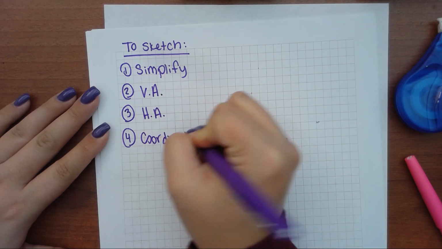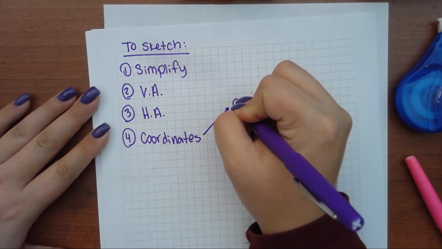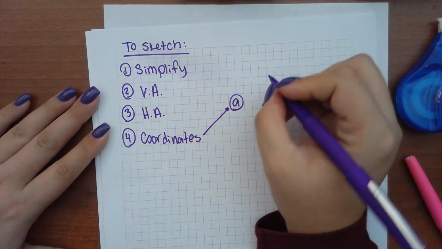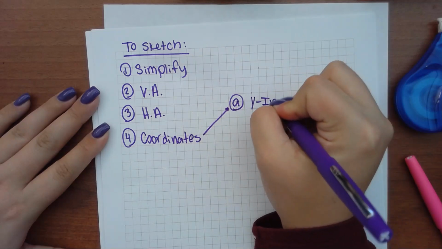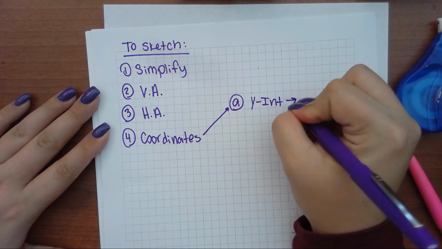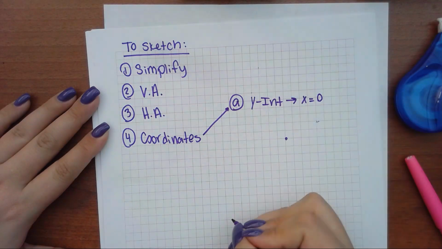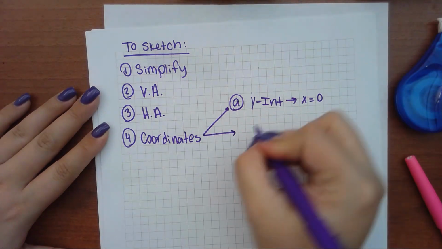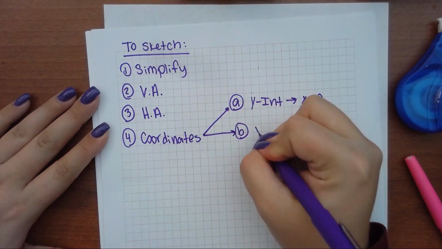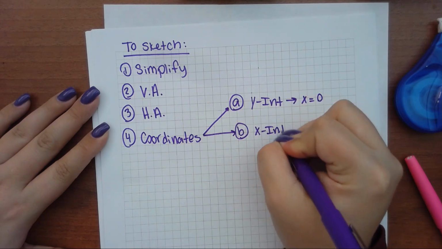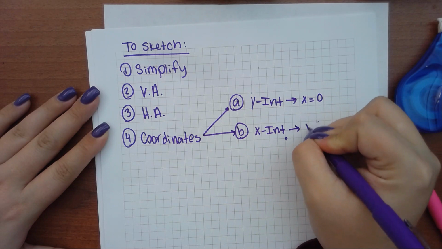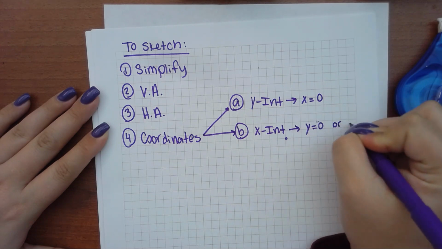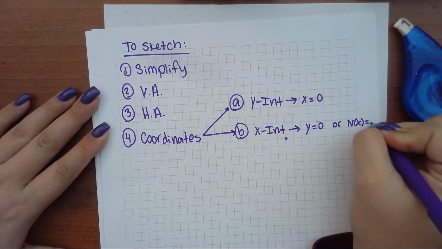Now there are 3 types of coordinates you can find. The first one is y-intercepts, where we set our x equal to 0. The second one is x-intercepts, where we set y equal to 0 or my numerator equal to 0. That's a shortcut, okay?